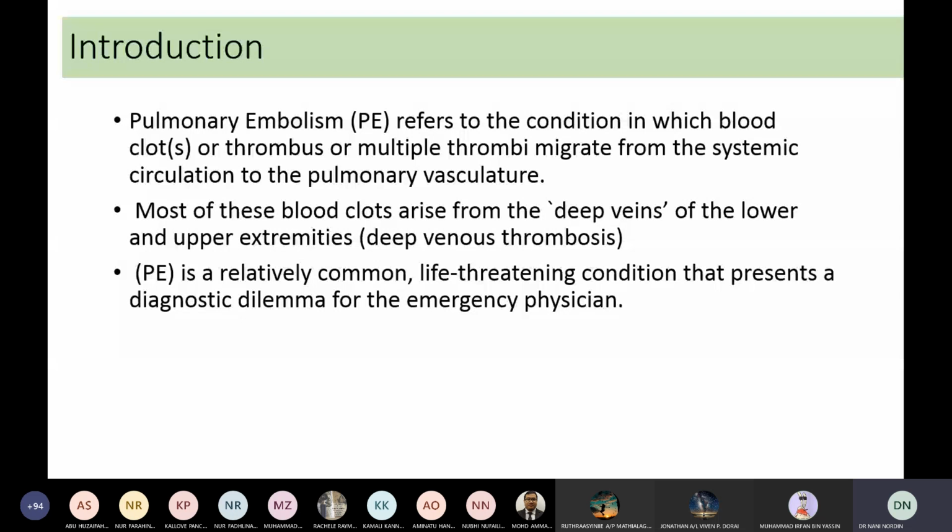So these three components of Virchow's triad explain the probability or the risk of a person to form a thrombosis.